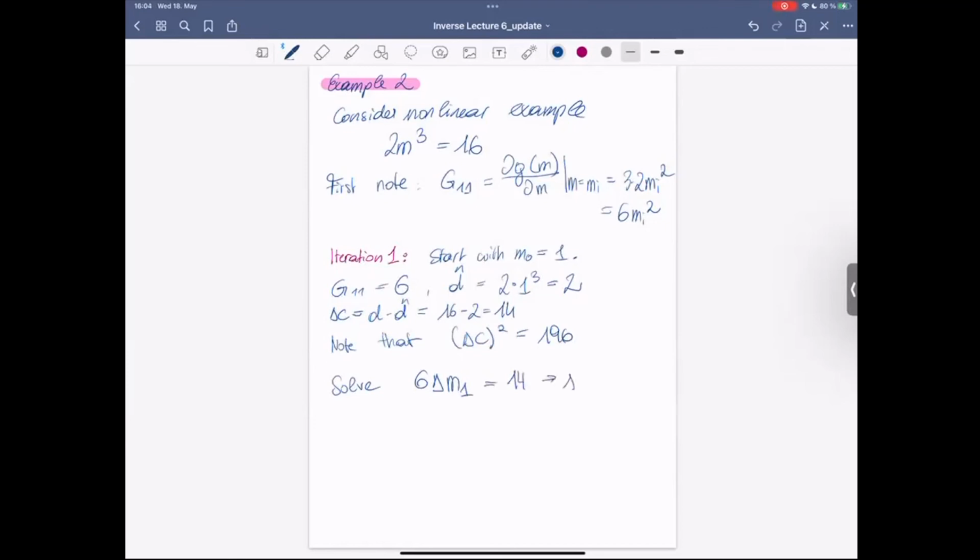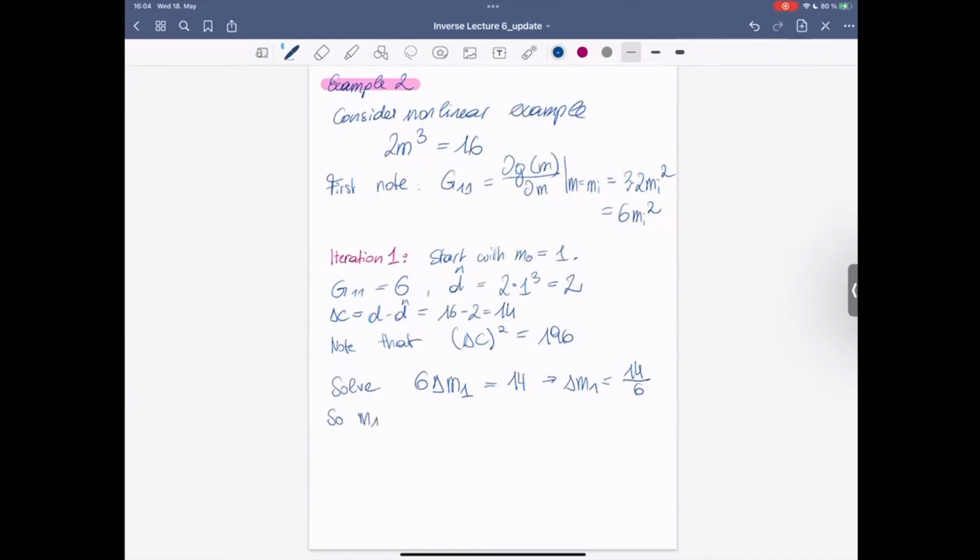So we get delta M1 equals 14 over 6, such that M1 equals M0 plus delta M1 equals 1 plus 14 over 6 equals 3.3 periodic.